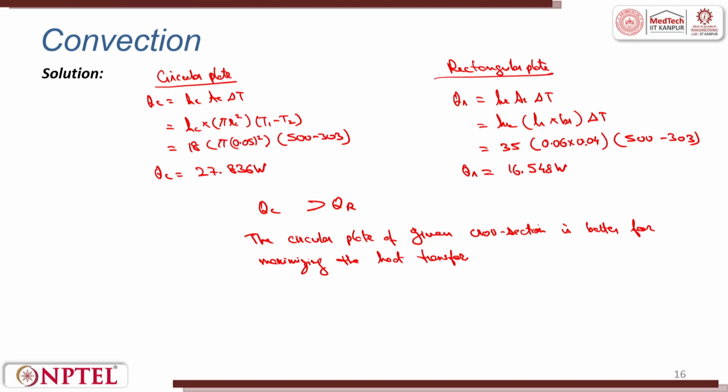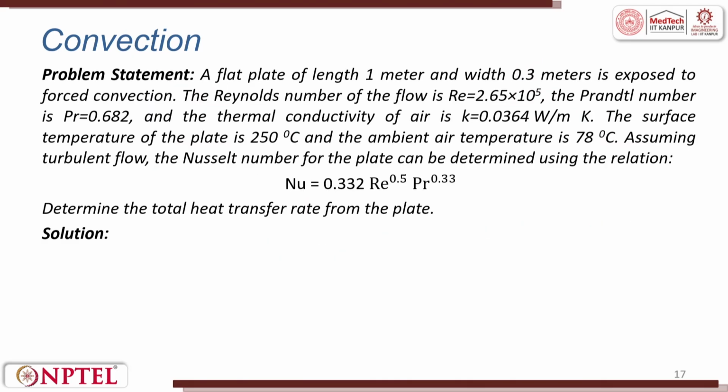Let me see another problem statement where there is a flat plate. Once again, what it says, there is a flat plate of length 1 meter and width 0.3 meters which is exposed to forced convection. The Reynolds number of flow is RE, that is 2.65 into 10 to the power 5. The Prandtl number is PR, that is 0.682, and thermal conductivity of air is denoted by K, which is 0.0364 watts per meter Kelvin.